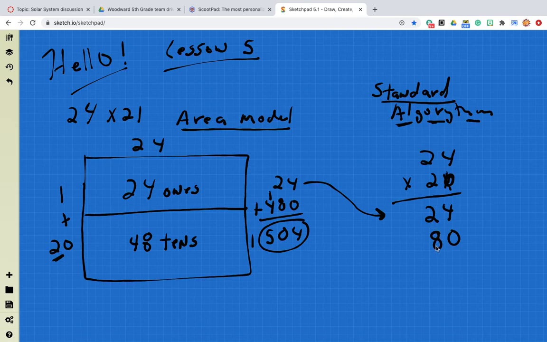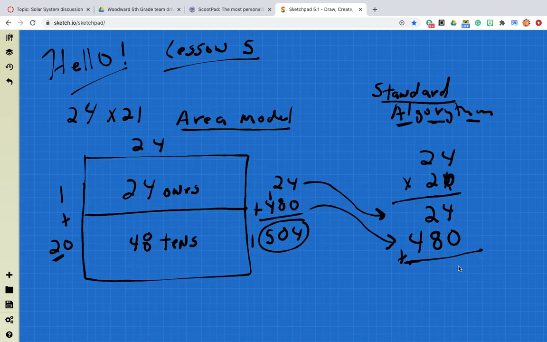You see that? And 2 tens times 2 tens is going to be 4 hundreds. So that's going to give me the same partial product I got there. 2 tens times 24 ones is 48 tens.